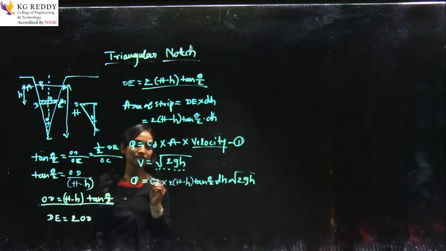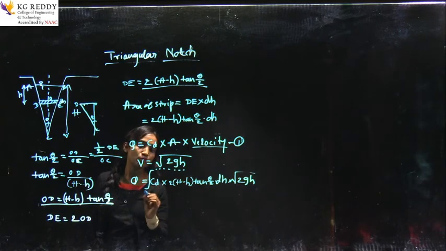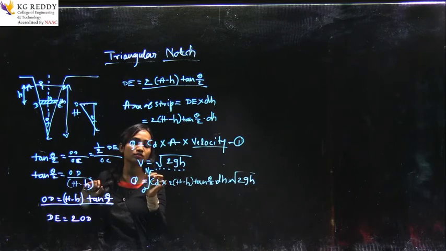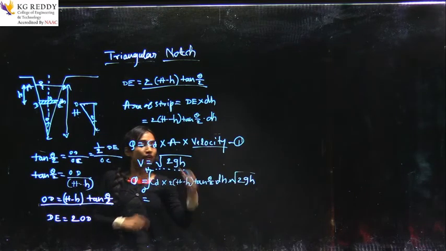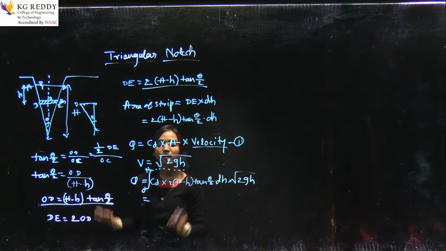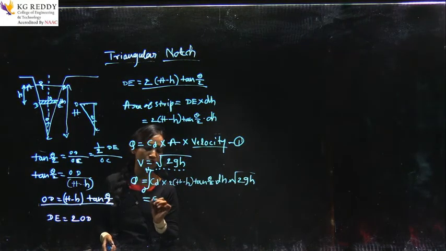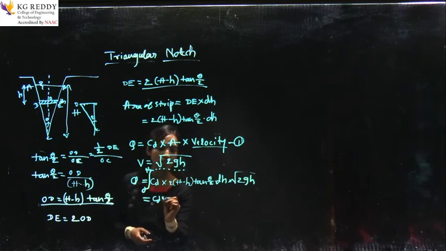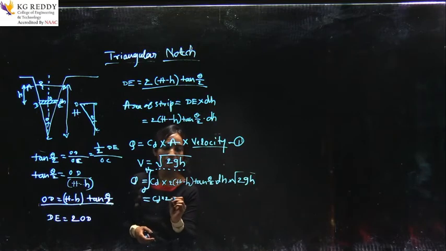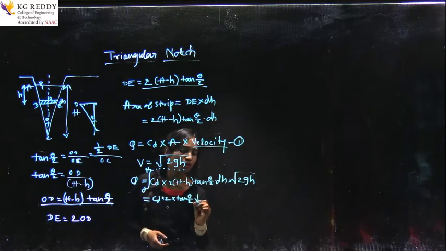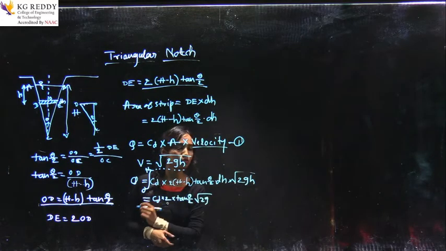So apply the integration from the limits 0 to capital H. Now, to integrate any term, please keep the constant terms outside of the integration. Cd is constant for a particular device, so I will keep it outside, 2 is constant, tan theta by 2 is also constant, and square root of 2g is also constant.